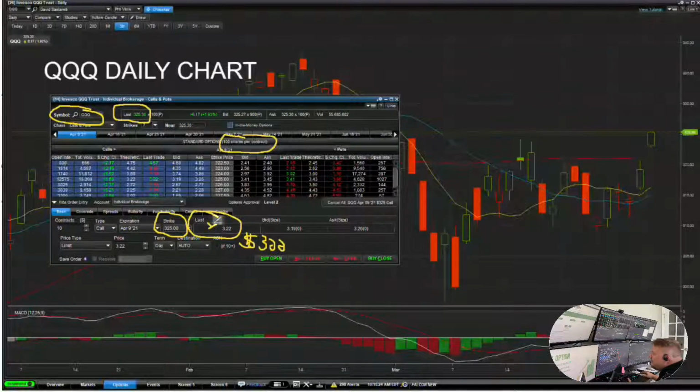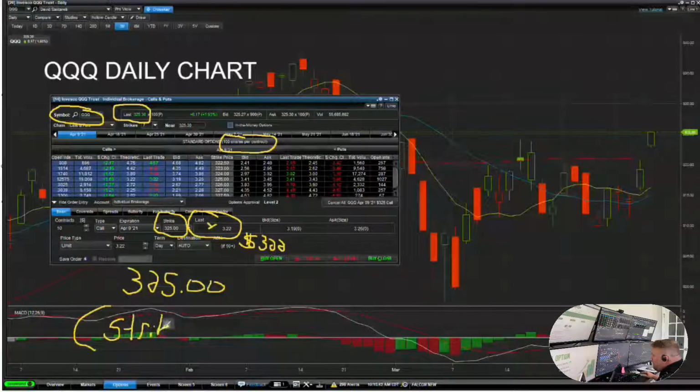So your break even on any type of option trade, a call on a call here, it's going to be your strike price plus premium paid. Let me do this on my desktop here. It's going to be easier for you guys to see.